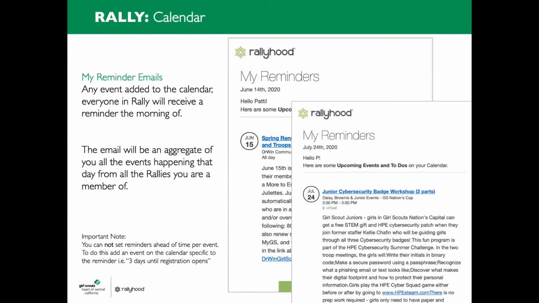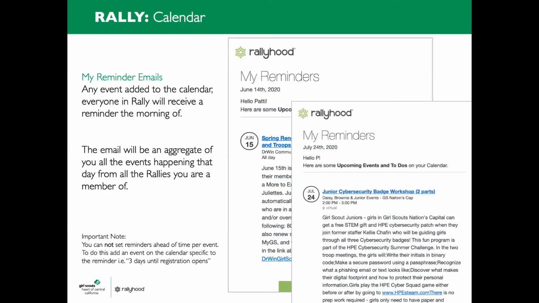One question we commonly hear is, is there a way to set a reminder ahead of time? So if you're creating maybe a service unit meeting on Thursday and you want a reminder to go out on Monday, you want a reminder to go out on Wednesday, unfortunately, you can't do that. So what you would do is create the service unit meeting for Thursday, and then you would also create 2 separate events that would serve as a reminder.